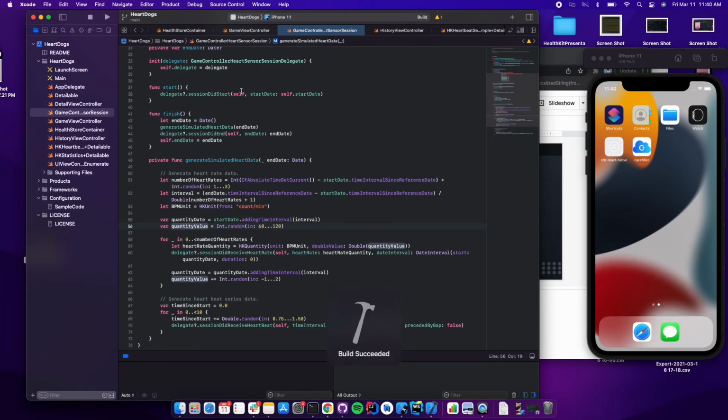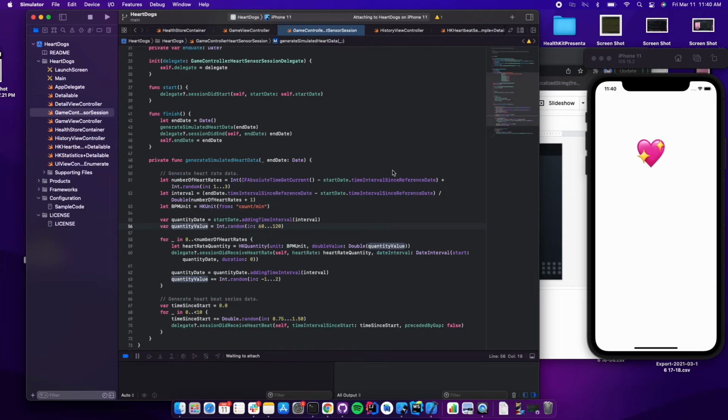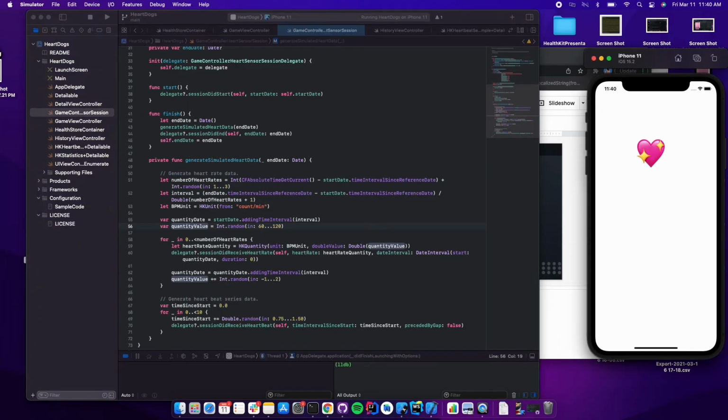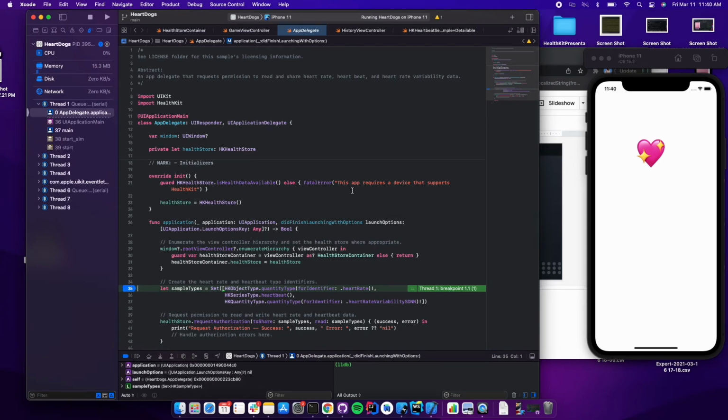And so we're going to run it a little bit right here. This is really just a small game that basically spoofs heartbeat data and heart rate data.